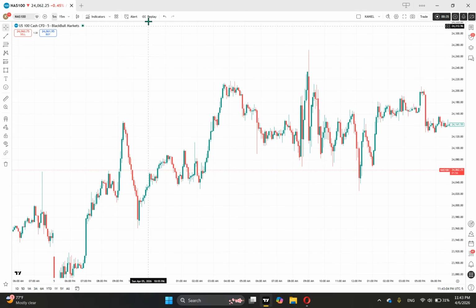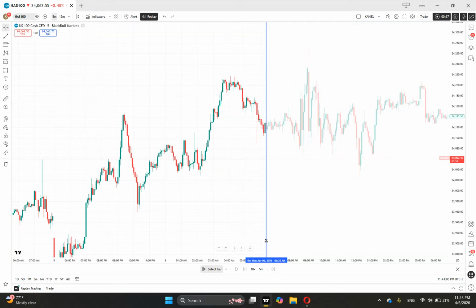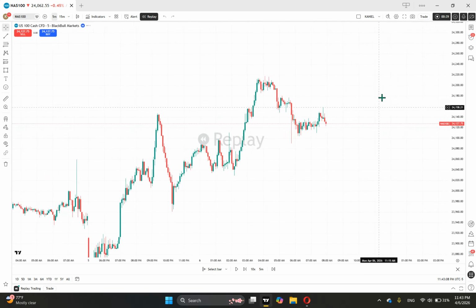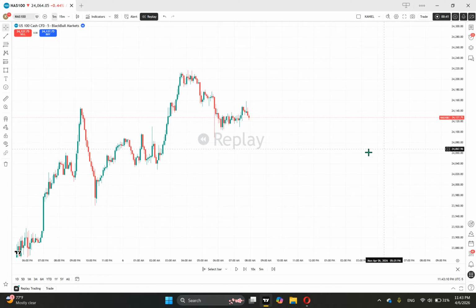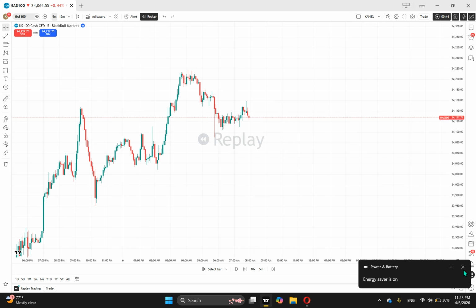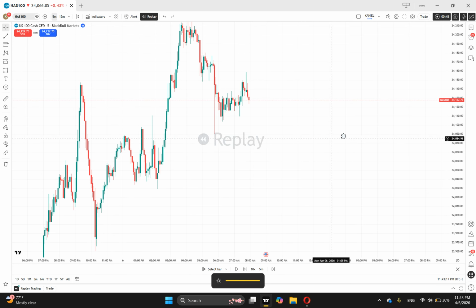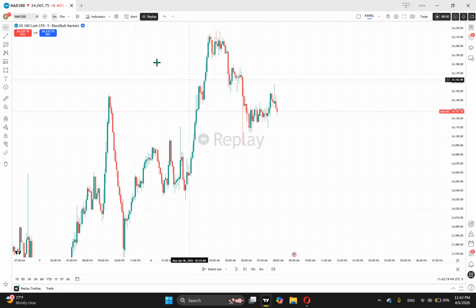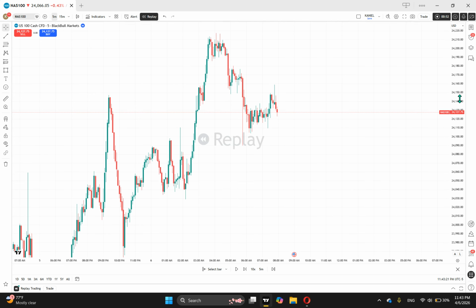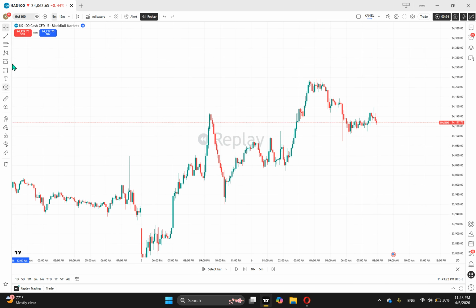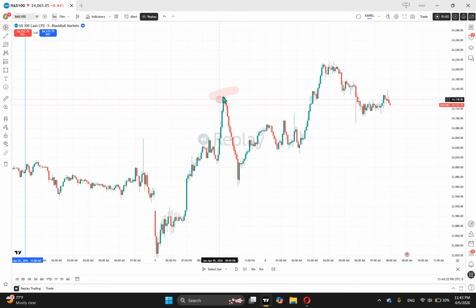Delete everything, you play mode, but it's 8 o'clock. Alright, so 8 o'clock. As you can see, price is already in an uptrend since Sunday, it's been making higher highs.